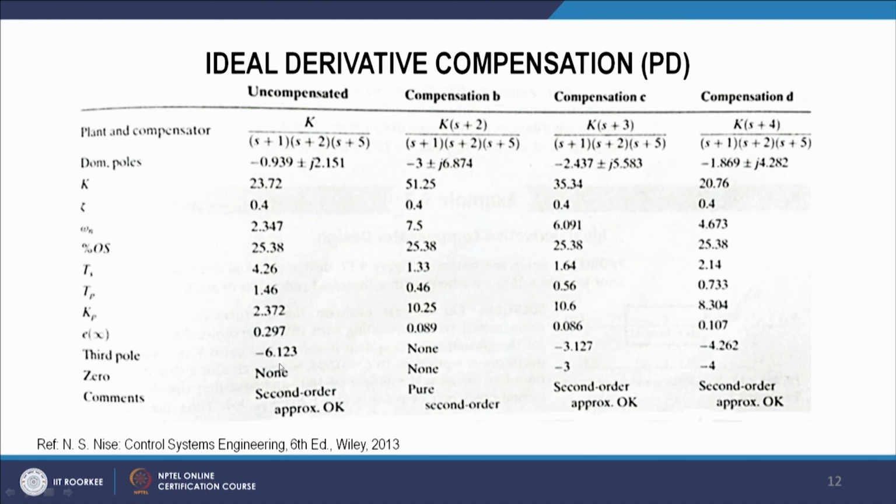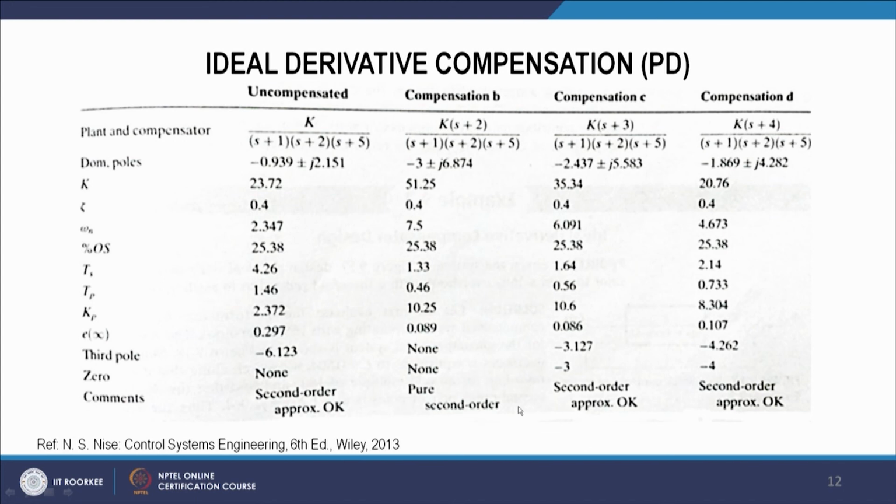because the third pole here is at -6 compared to this real part, which is -0.9. So if the third pole is 5 times farther than the dominant pole's real part, then we can approximate it as a second order system. Here it is more than that, so we can have the second order approximation.